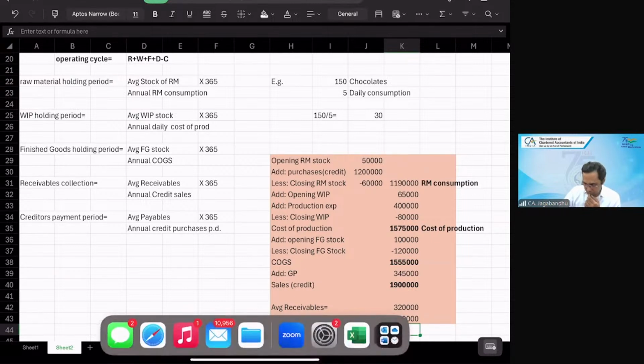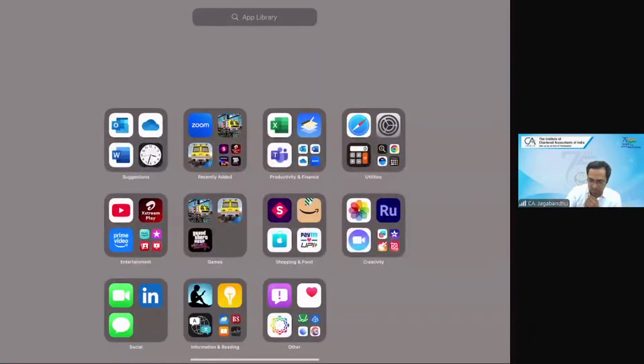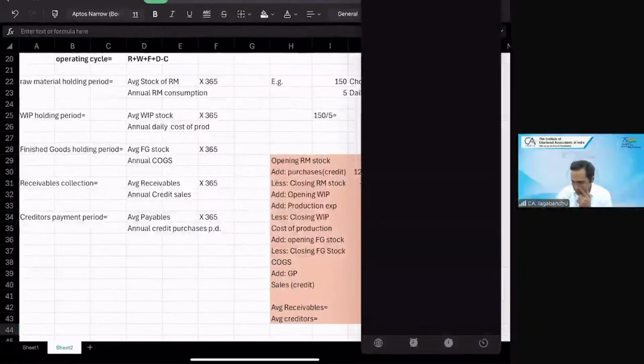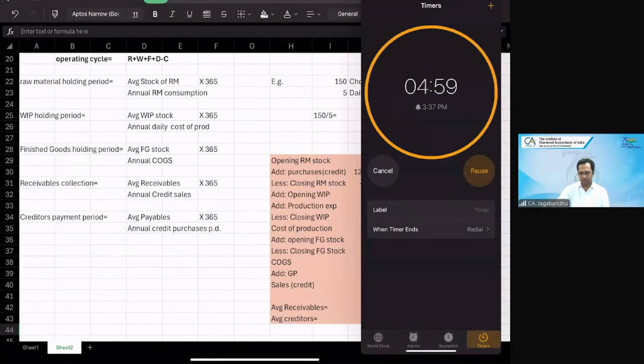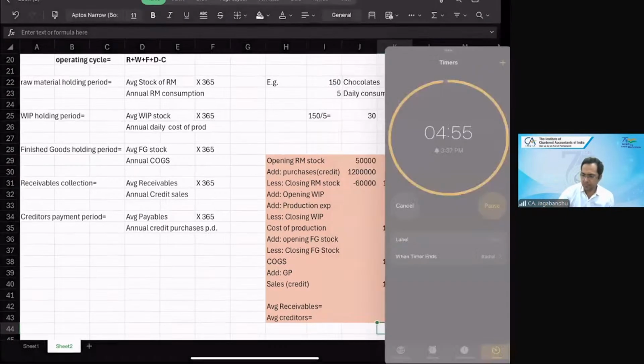So let me give you something on a timer basis. I think for computing this, 5 minutes is sufficient. I think the screen sharing just stopped.